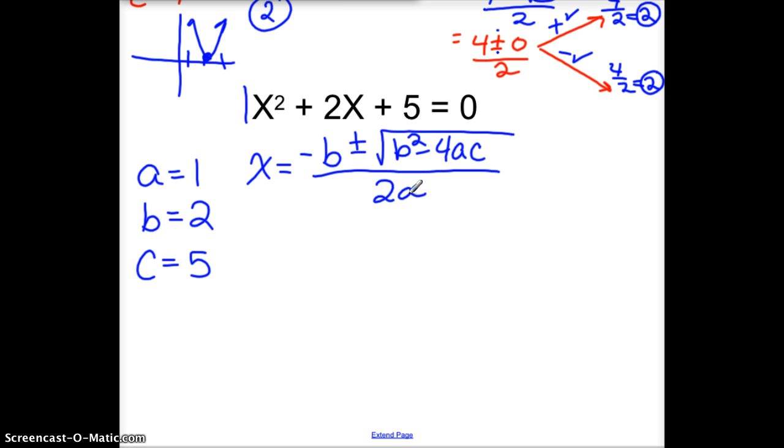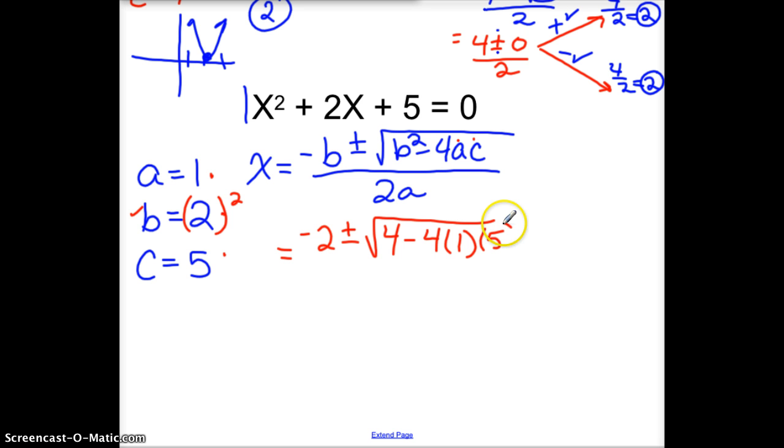And I go in and take each one of these and plug them in to the map. X equals opposite of b, which would be negative 2, plus or minus the square root of b squared, which is 4, minus 4 times a, which is 1, times c, which is 5, all over 2 times a.